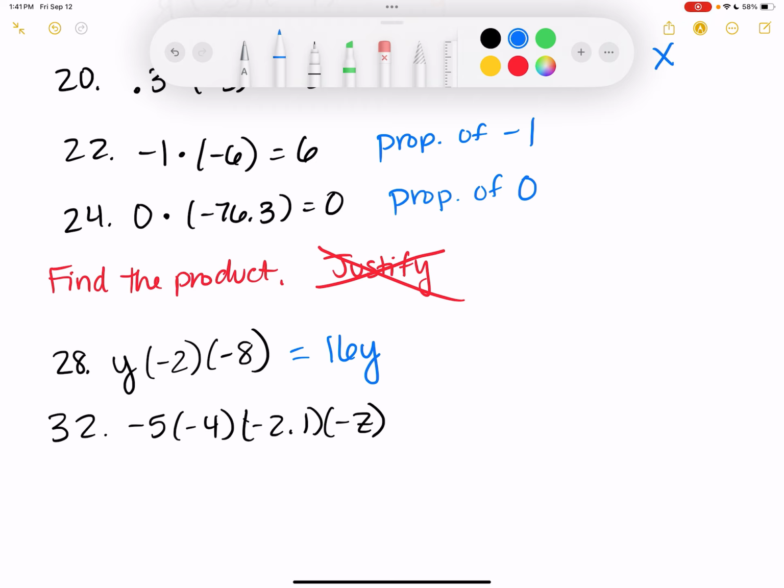So 5 times 4 is 20, times 2.1, I'm just going to say times 2.1. So that's 42. Z's have a line through them. So 42 times Z. Oh, that's easy.